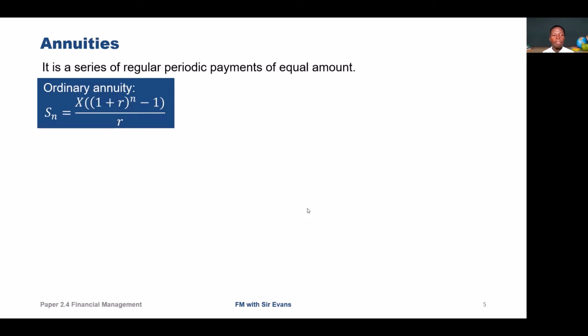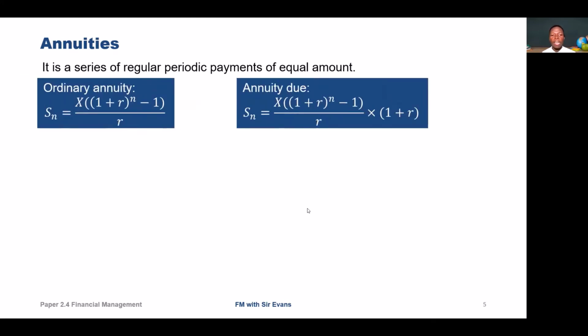And that's the formula. We have X into bracket 1 plus R raised to the power N, minus 1, all over R. And we have the annuity due. This is where the payments or receipts are in advance. That is, at the beginning of each payment period. So all payments, whether receipts or payments, that are under annuity due are 1 year earlier than those under ordinary annuity.